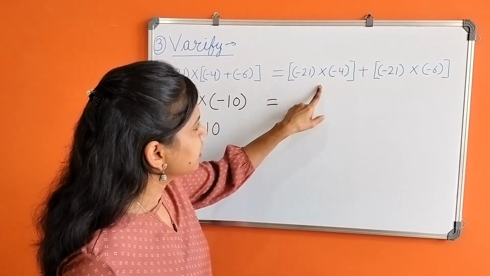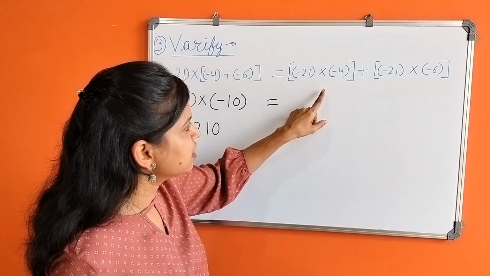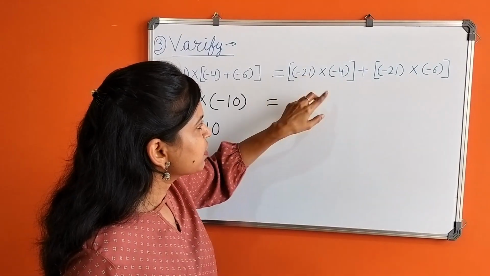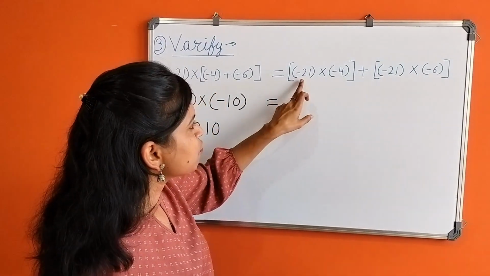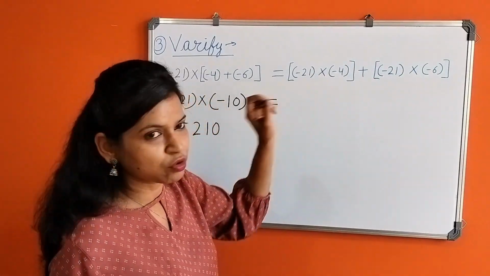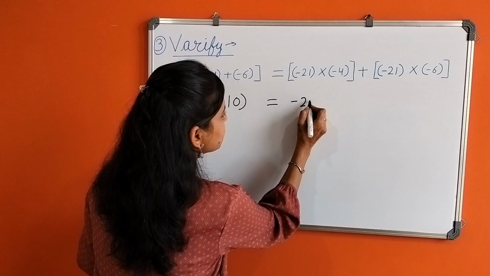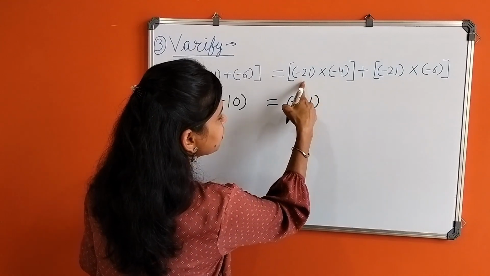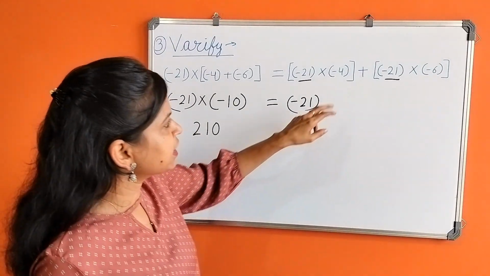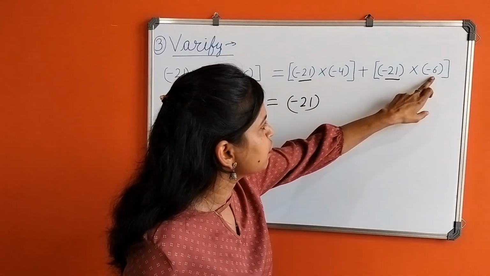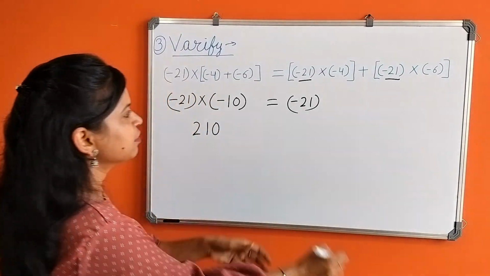Next, in this we will follow the distributive property. So this is one group and this is second group. So what is common in both groups? Minus 21 is common. Minus 21 is there in both groups. And we can take out actually 2 also from this 2, but we are not taking.